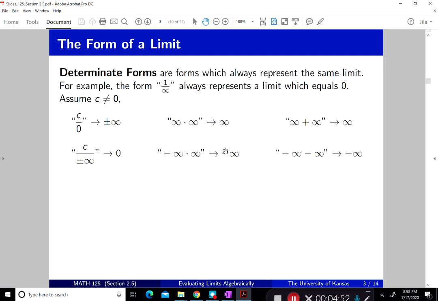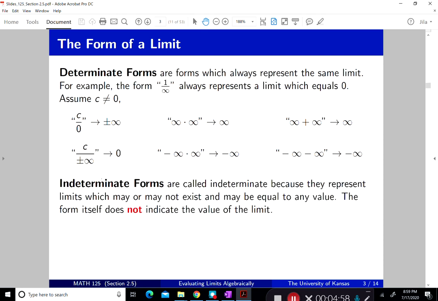So these are determinate forms. If I get these, I know what the result is. But indeterminate forms are called indeterminate because they represent limits which may or may not exist, may be equal to any value. We have to unravel what they are equal to.